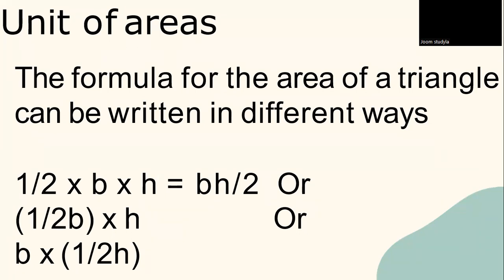Area is always given in the square units. So the formula for the area of a triangle can be written in different ways: half multiplied by B multiplied by H, equivalent to BH over 2, or half B multiplied by H, or B times half H.